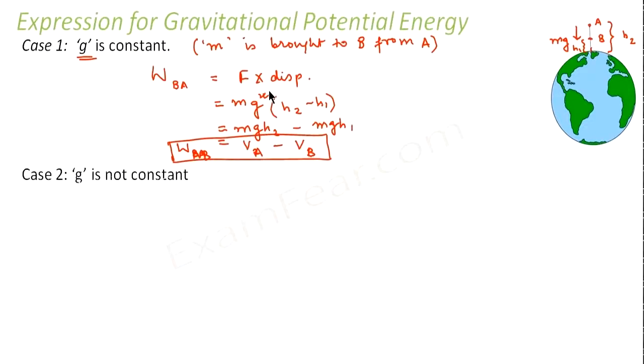Now let us take the second scenario where we consider that the value of g is not constant, because in the previous slides we saw that the value of g changes as the distance from the surface of the earth changes. So in this case, we consider that scenario. That is a little complex scenario. So in this case, what would be the work done in bringing an object from one position to another?